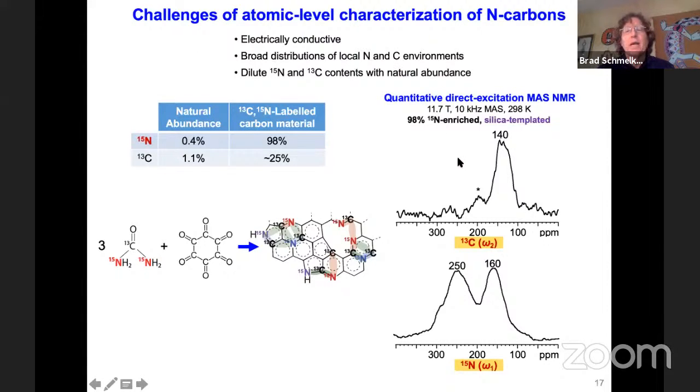And so what I show here is we've taken the trouble to enrich the urea with nitrogen-15 and carbon-13. We do that because carbon-13 at natural abundance is only 1.1%. Most of it is carbon-12, and a little bit is carbon-14 for radioactive dating, but there's 1.1% that has an unpaired neutron, and therefore has magnetic resonance properties.